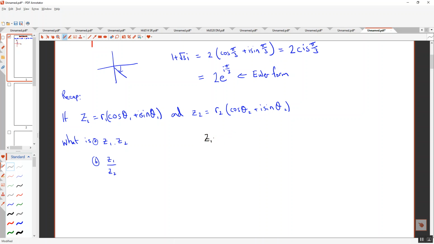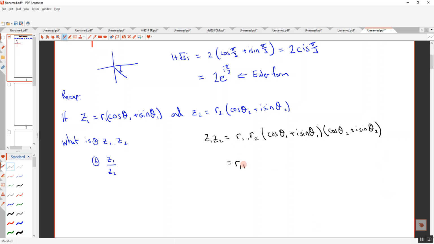So I've got r1 multiplied by r2 multiplied by cos theta 1 plus I sine theta 1, times cos theta 2 plus I sine theta 2.